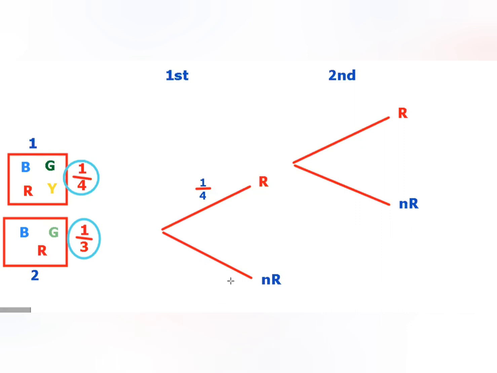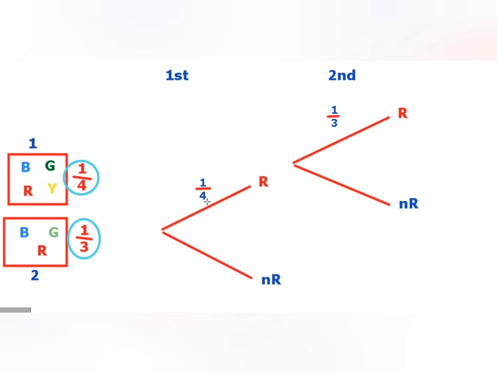We don't need this. And then the second box, the probability of picking a red one, same idea, is going to be 1 over 3. So we know the probability of picking a red one from the first box and a red one from the second box. Now, picking a red one from the second box depends on picking a red one from the first box.